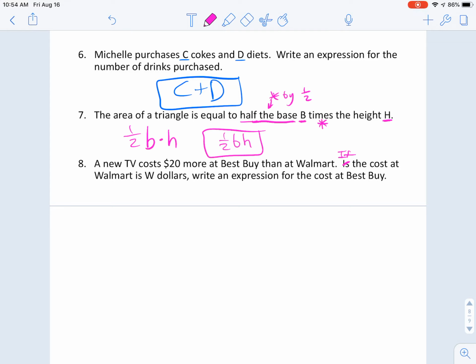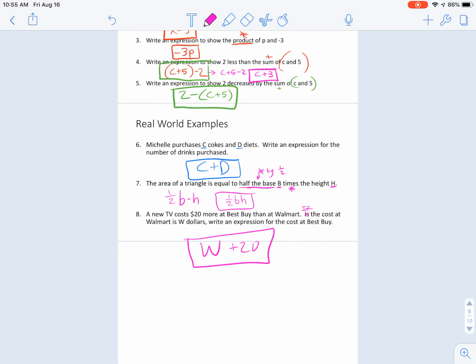So if you take the Walmart cost, to get to the Best Buy cost, you'd have to add $20 to it because the Best Buy costs $20 more than the Walmart TV. So we would take the W, the price at Walmart, and add 20 to it to get the Best Buy cost. And that's the end of this lesson.